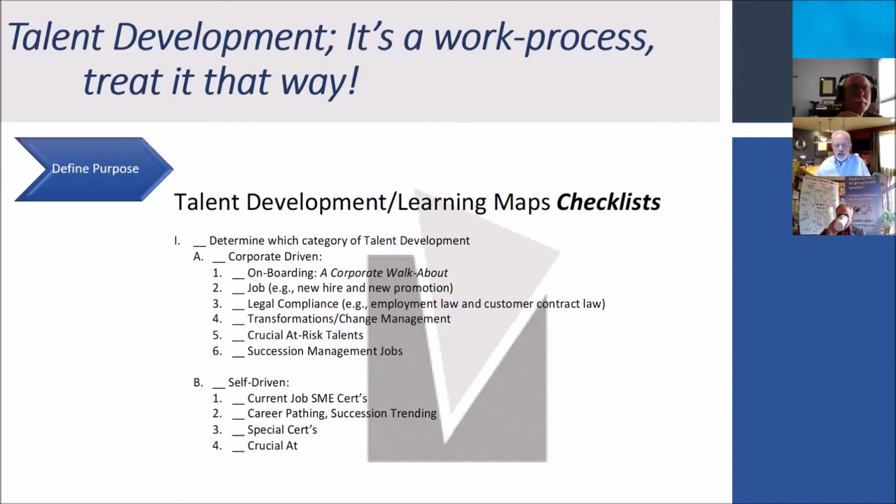How many of you have only one person in your whole organization that does it, and it's a crucial talent, a crucial outcome that you need to get, like maybe it's a sales position, and they're the only person and they've got your top 5 customers. That's what I call a crucial at-risk talent.